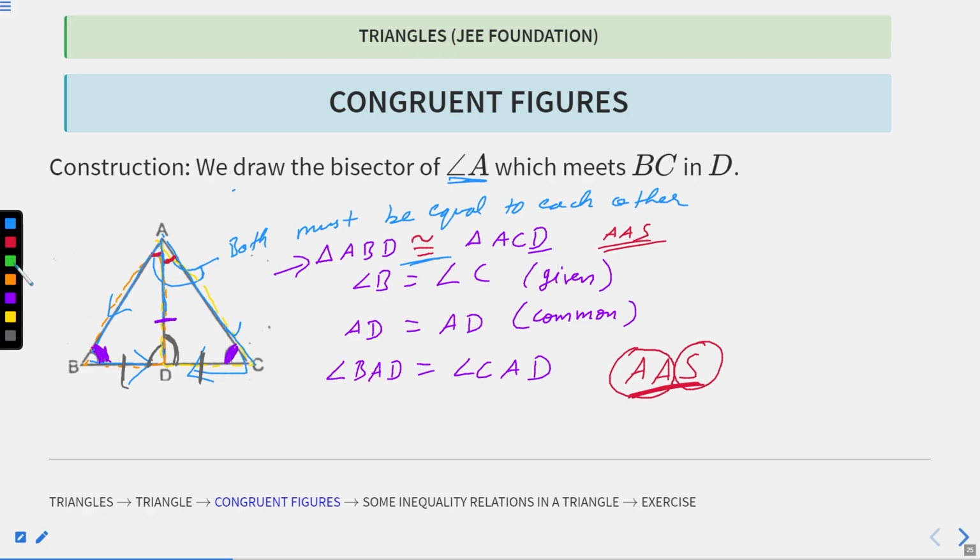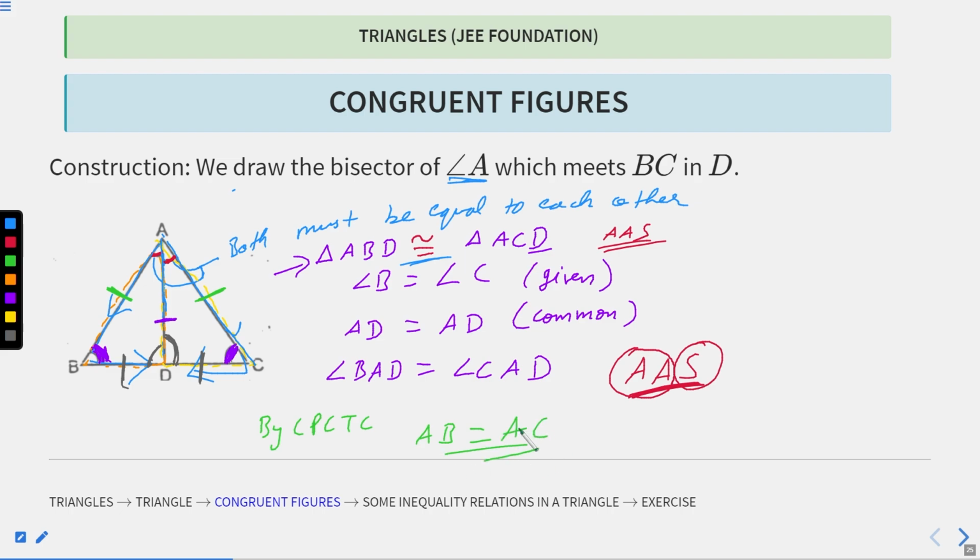So this means AB is equal to AC. This was the thing we needed to prove. Hence we proved by CPCTC that AB is equal in length to AC.